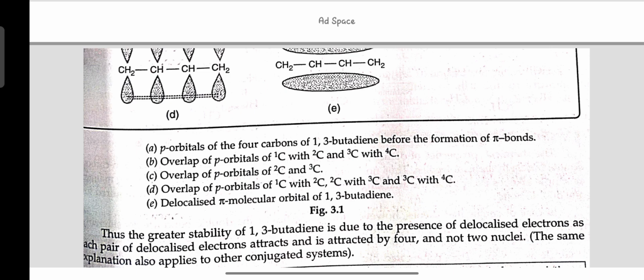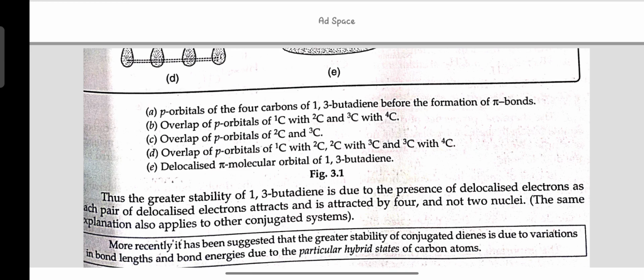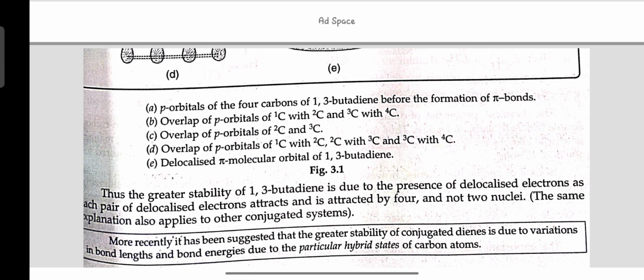D. Overlap of p orbital of first carbon with second carbon, second with third carbon, and third carbon with fourth carbon. E. Delocalized pi molecular orbital of 1,3-butadiene. Thus, the greater stability of 1,3-butadiene is due to the presence of delocalized electrons, as such a pair of delocalized electrons attracts and is attracted by four and not two nuclei.